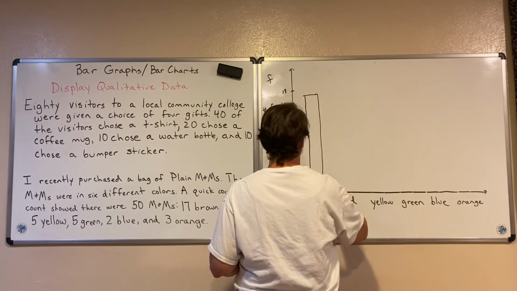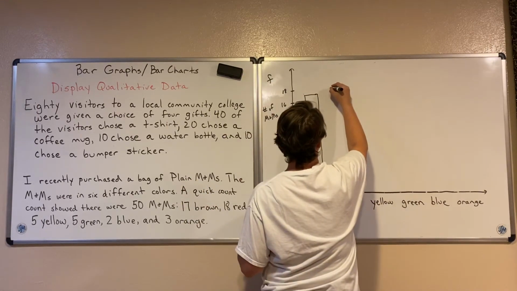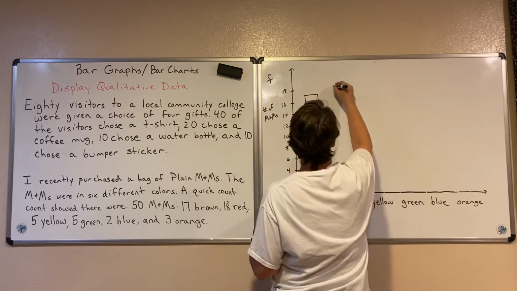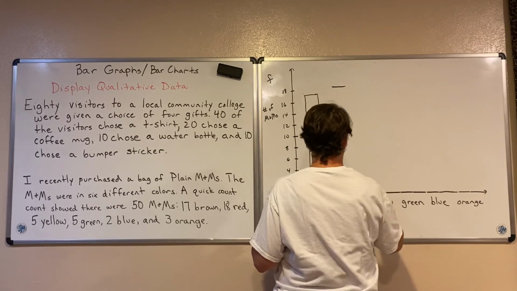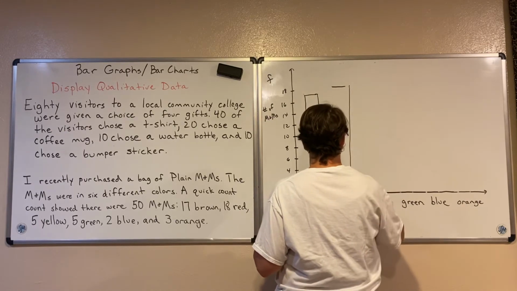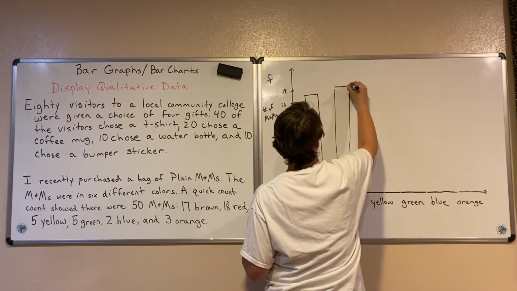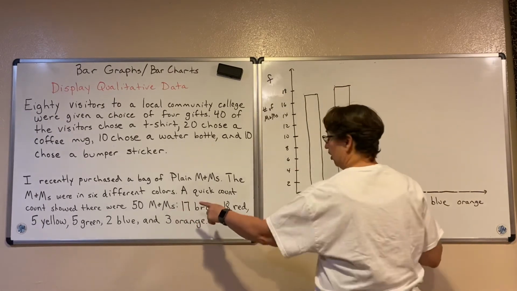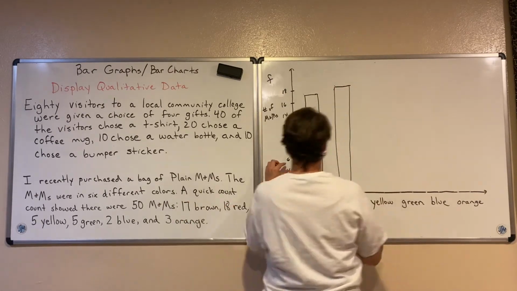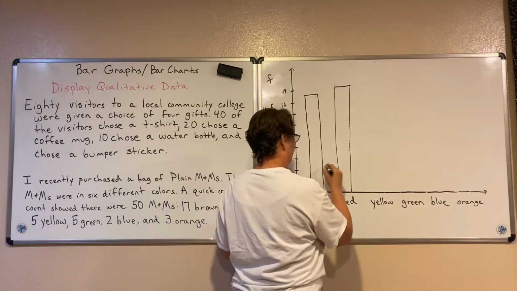There's my brown. My red goes up to 18. And my yellow is 5. So again, in between the 4 and the 6 is going to be my 5.